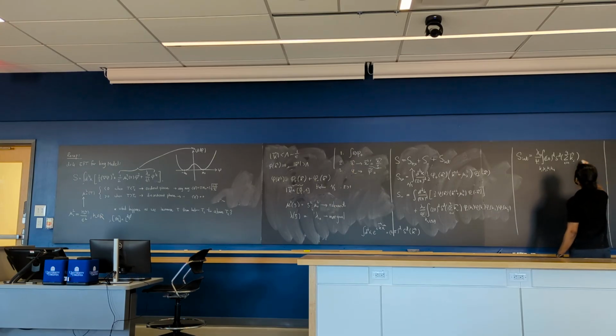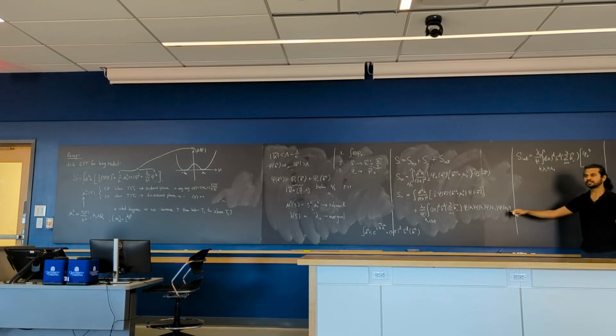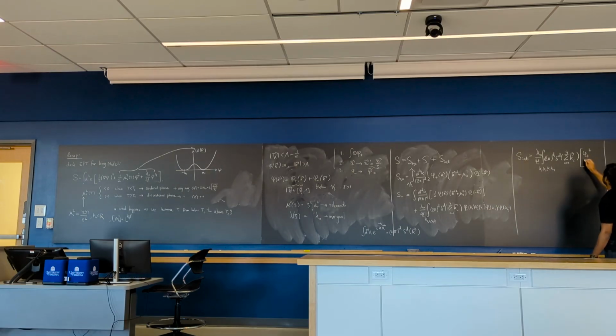Okay, running out of board space. Times. You would have a phi plus to the power 4, just like phi minus to the power 4, right? Just imagine that it's phi plus k1, phi plus k2, blah, blah, blah. And then we would have 4 times phi plus cubed phi minus.